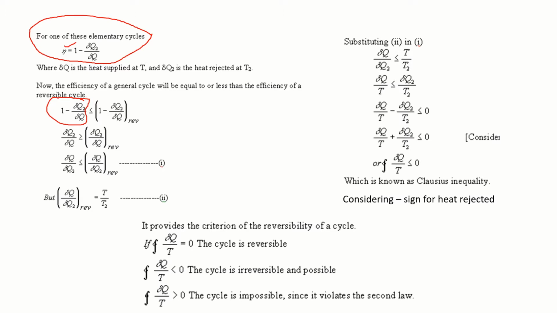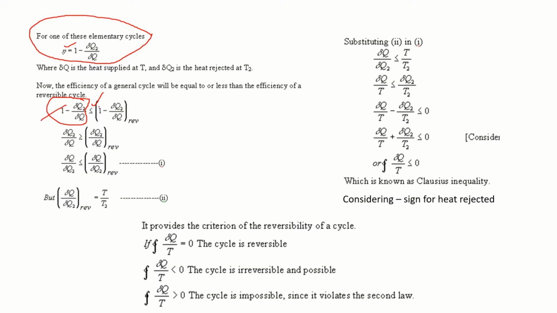So now you consider this engine, any engine, its efficiency. If this engine is a reversible engine working between the same two temperature reservoirs, its efficiency must be equal to the reversible one. If it is any other engine, meaning an irreversible engine, it should be less than this. That is how the sign is brought in there.